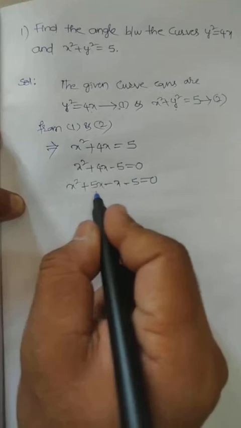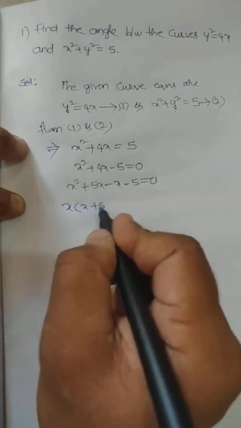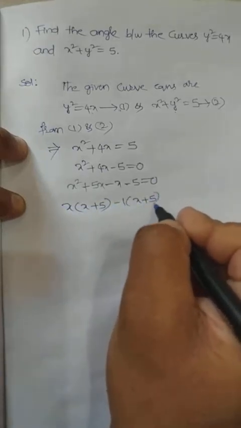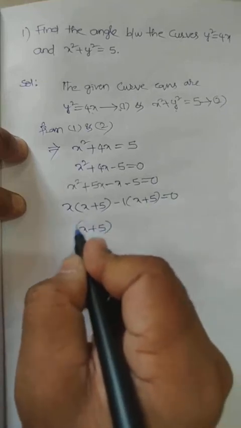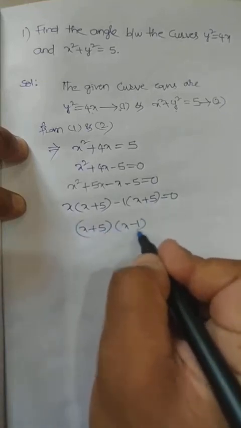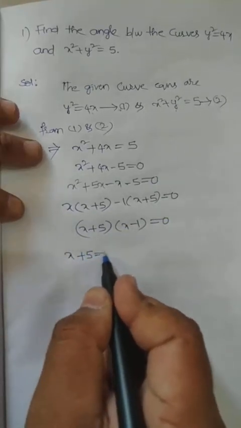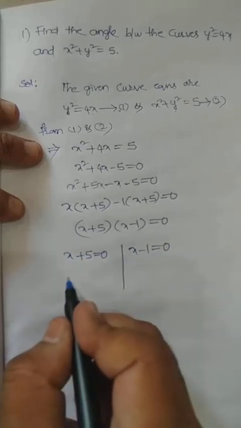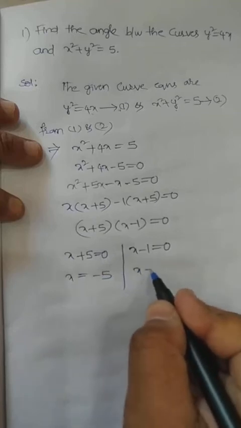So I can take the common factor: x plus 5 times x minus 1 is equal to 0. So x plus 5 is equal to 0 or x minus 1 is equal to 0. So x is equal to minus 5 or x is equal to 1.